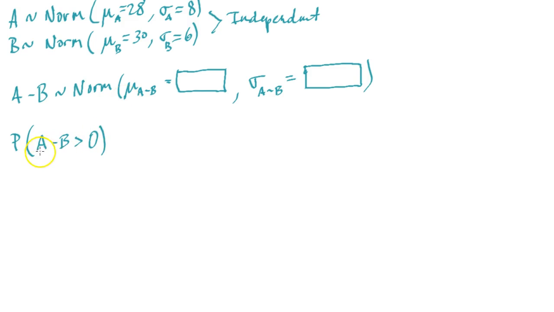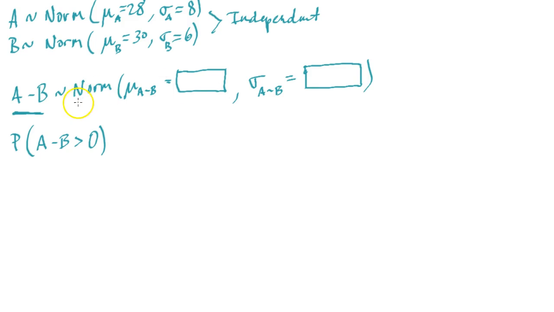To find a probability involving A minus B, we need to know the distribution of A minus B. That's why we need to find this distribution using the given values above for A and B individually. Hopefully this makes sense.